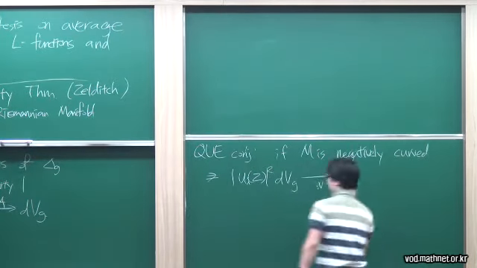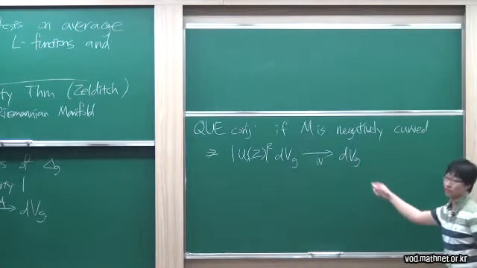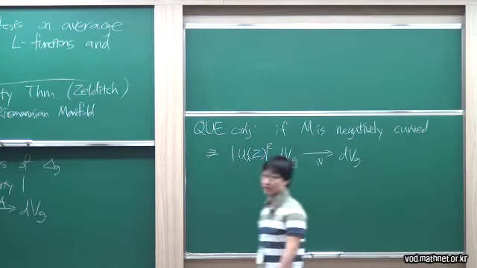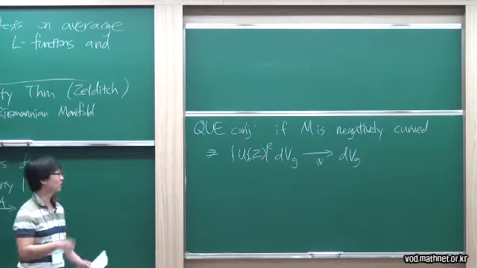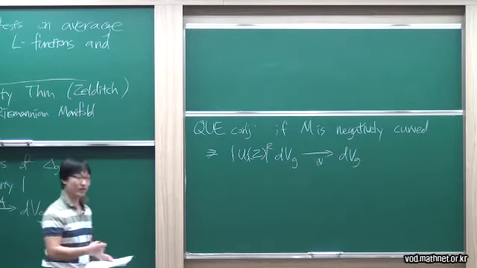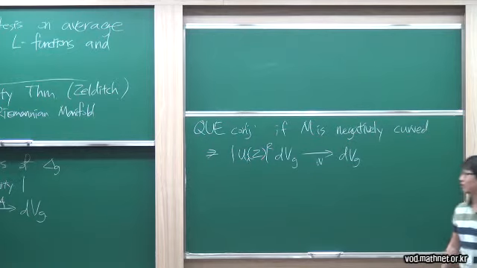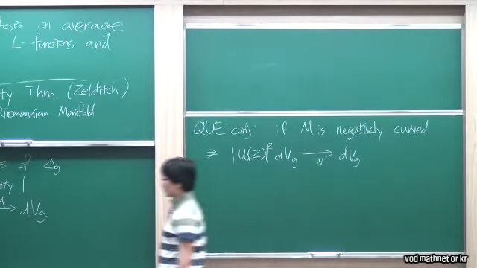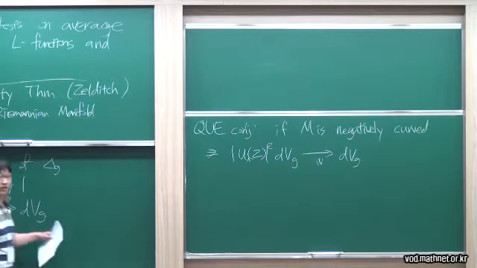So the reason why we have to assume that M is negatively curved is because if we think about spherical harmonics on the sphere, then one can actually find a subsequence of eigenfunctions which does not converge to the volume measure.